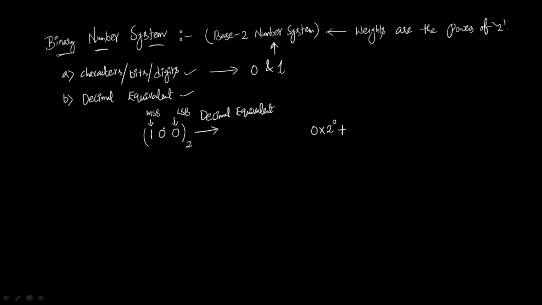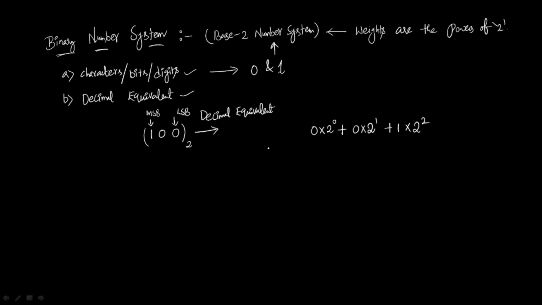The next coefficient is 0, so 0 into what is the weight? The weights must be considered in ascending order with the powers of the radix. 2 is the radix or base of the binary number system. So with the powers of the radix you need to take the weights. So it is 2 power 1, plus, what is the last coefficient? 1. 1 multiplied with 2 square.